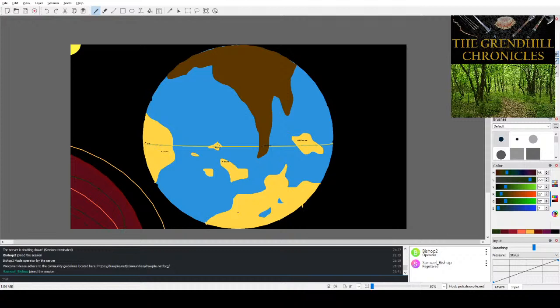Okay, so we have this gas giant over here. And I messed up, because the world's supposed to be always pointing at the gas giant with that pole. I wonder if I can rotate it. Whoa. I see.